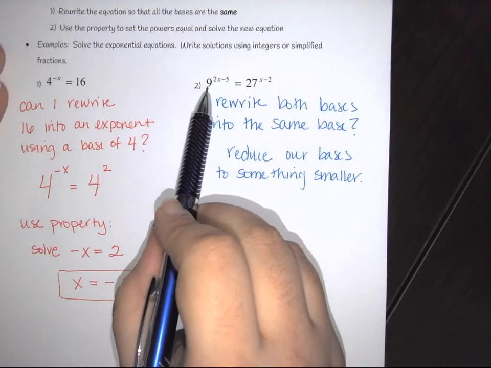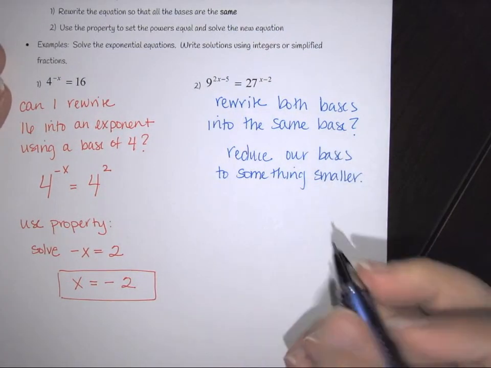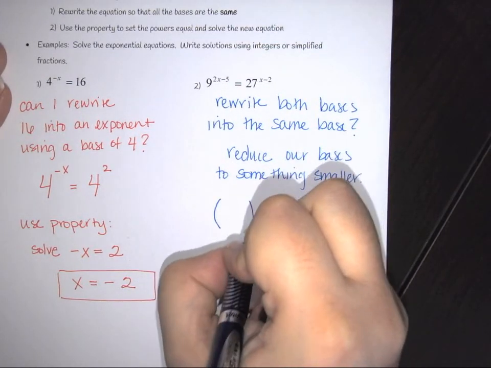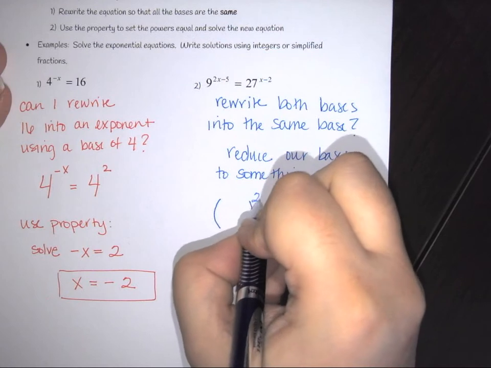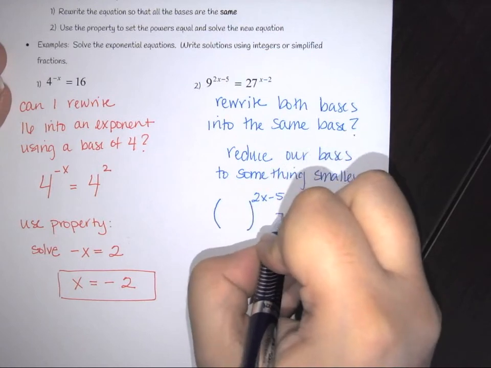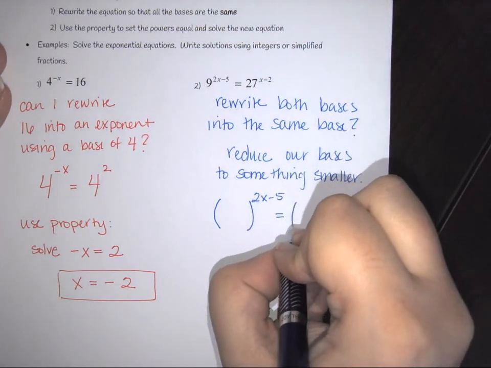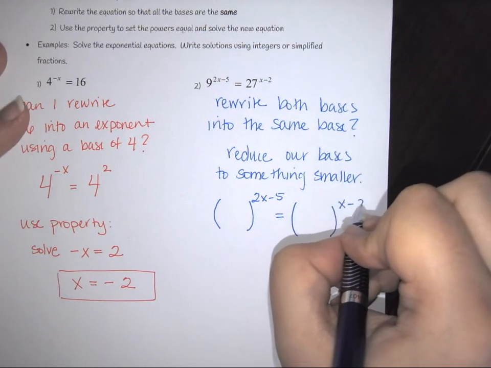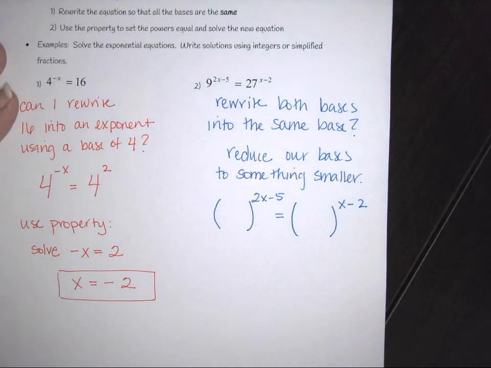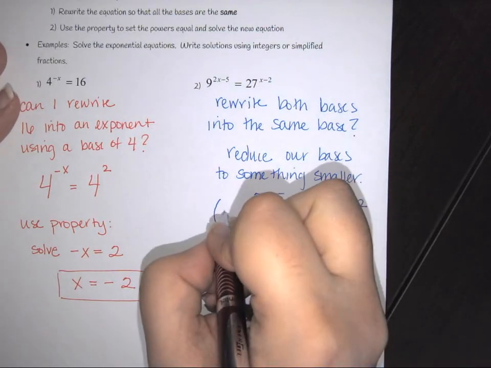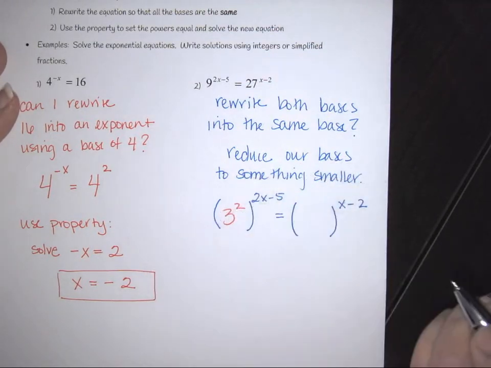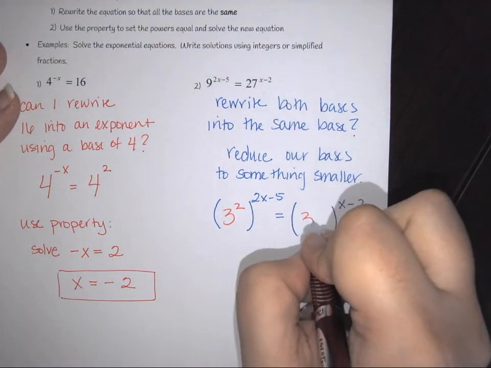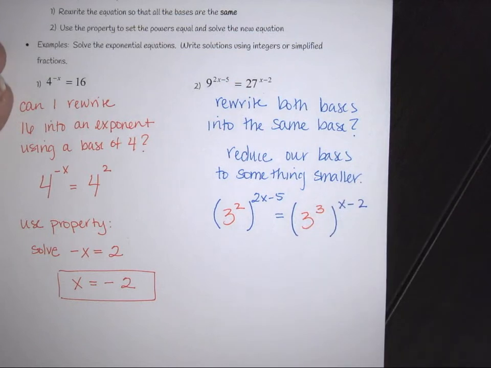So in this case, I can rewrite 9 into 3 squared. So I have my new base still being raised to the 2x minus 5, which means on the other side, its new base is still being raised to the x minus 2. Well, the new base here is 3 squared. And when I look at 27, that can reduce to 3 cubed.